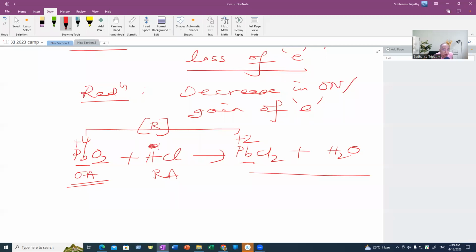There is no +2 state in hydrogen. So common sense will tell you the chlorine will be responsible for oxidation. It is in the -1 state. To which state will it prefer to go? Usually from a negative or positive state, the usual state of change is the 0 state.